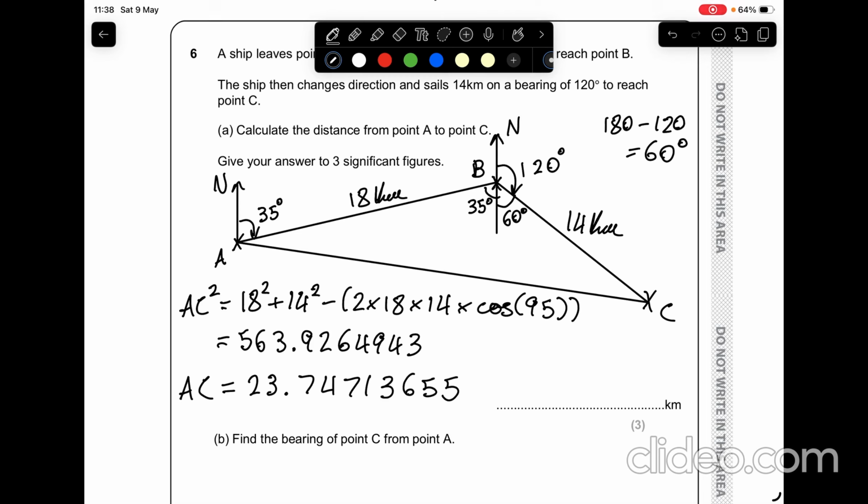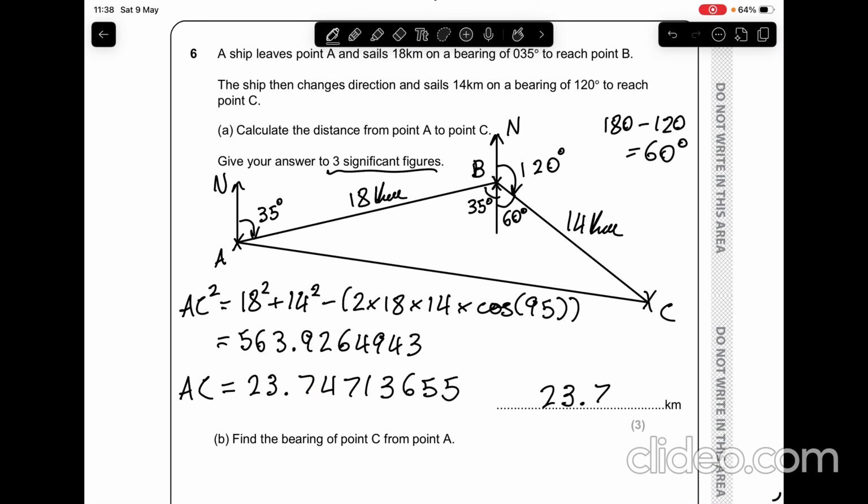And then, because we want 3 significant figures, our first significant figure is 2, our second is 3, our third is 7, so we are rounding to that decimal place. The digit below that in the place value is 4, that rounds down, so it will remain as 23.7 kilometres.